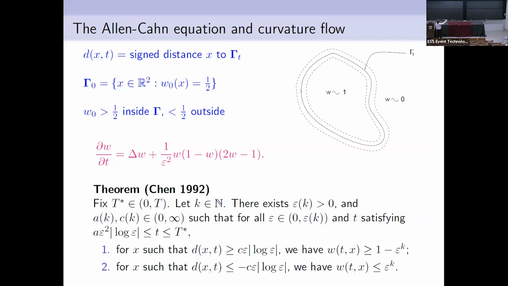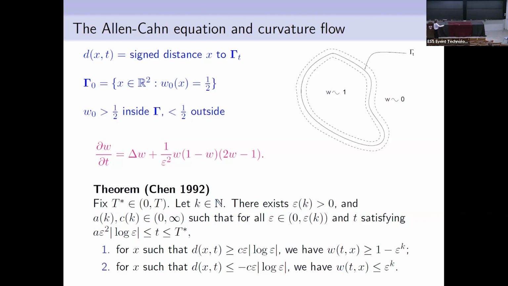And then the statement is, roughly, that if I look at any time before that time when my curvature flow is no longer well defined, then at least for epsilon small enough, if I allow the solution to evolve for a little bit to settle down to something well-behaved, then if I'm far enough away from the boundary, which is now evolving according to curvature flow, on the inside, then the solution to my equation is arbitrarily close to 1. It's bigger than 1 minus epsilon to the k. And if I'm far enough away on the outside, my solution is very close to 0. It's less than epsilon to the k.